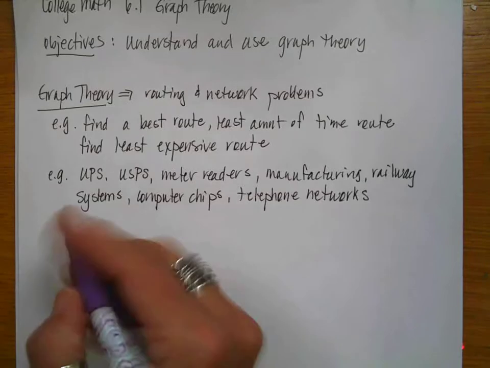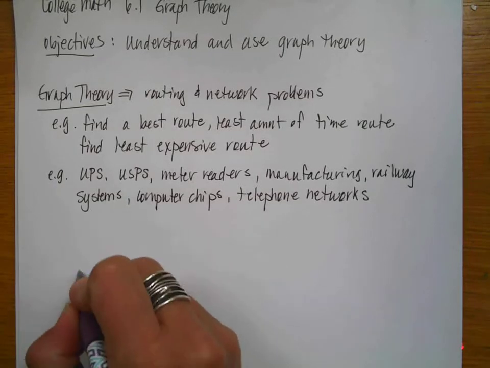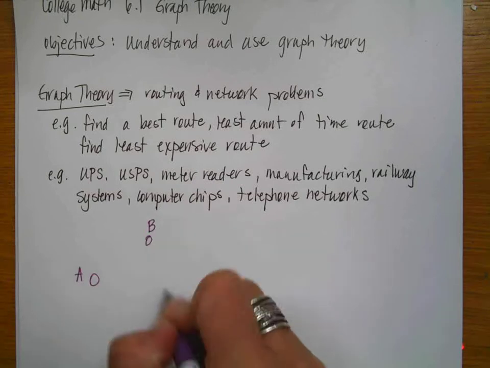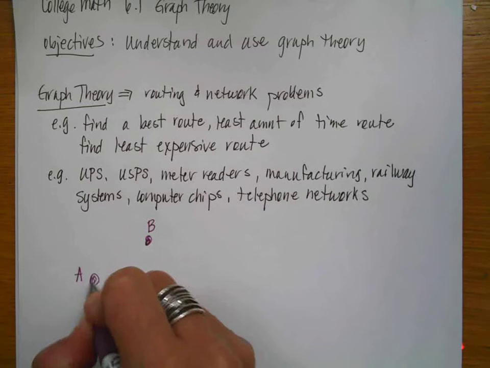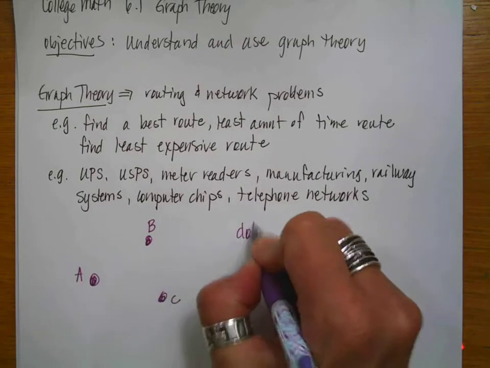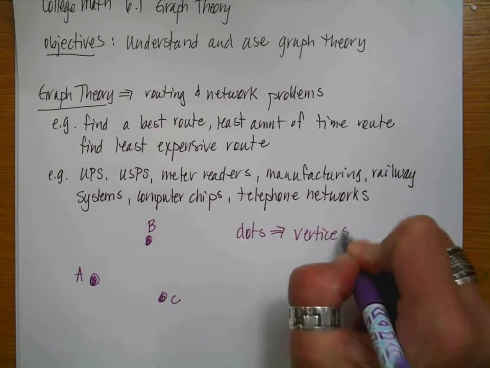So let's talk about what graph theory actually looks like. Let's say I have, this is A, and maybe this is B, and then we'll call this guy C, and I'm going to just scribble them in. And the dots are going to be the vertices, okay?